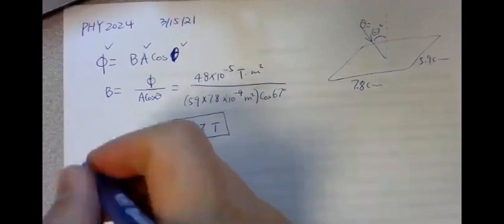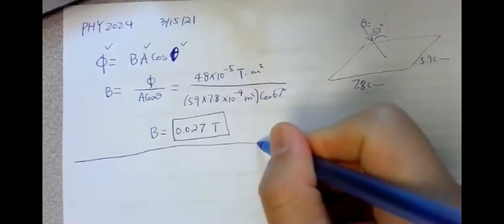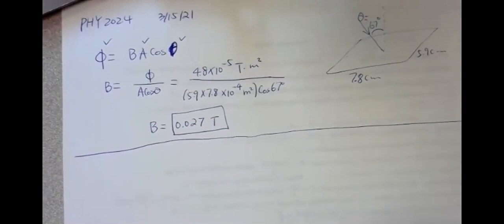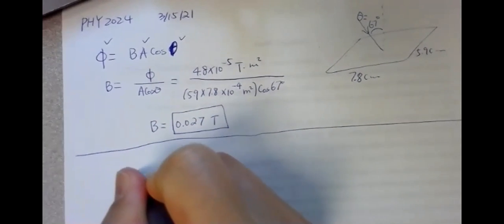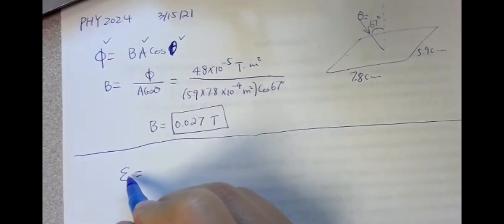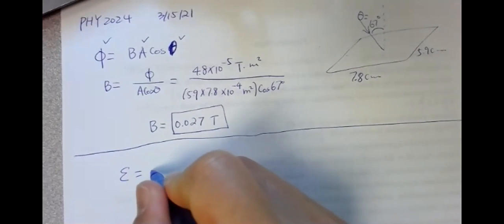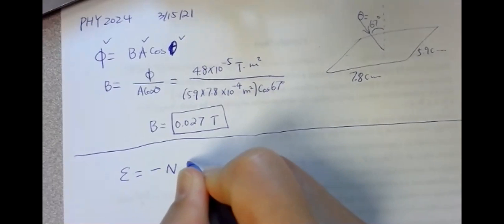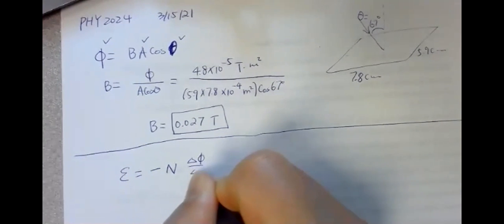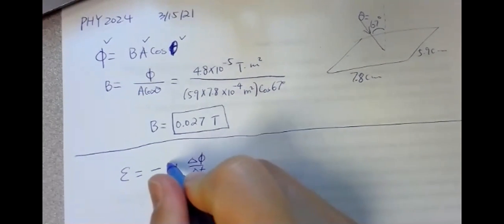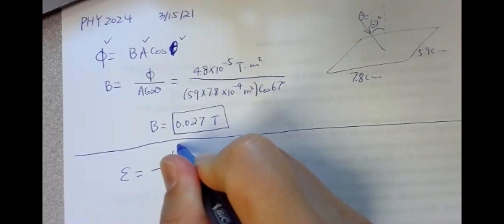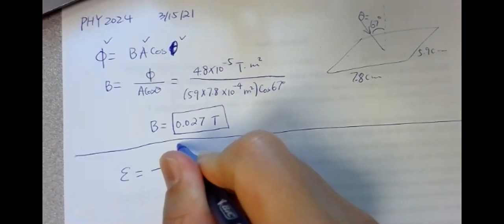All right, so let's take a look here. It says a single conducting loop. Okay, so we can apply Lenz's law here. Induced EMF, or the voltage induced, is equal to minus m delta phi over delta t. Okay, in this case, it says just one single loop, so m is equal to 1.